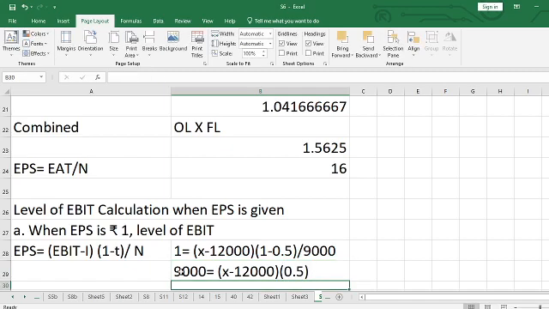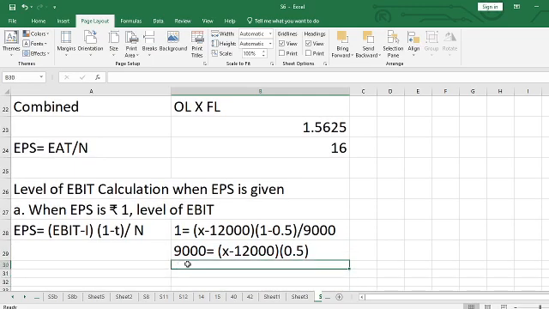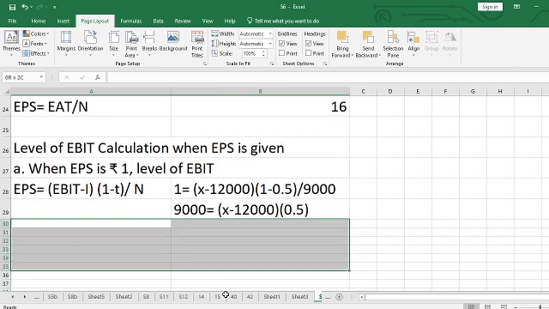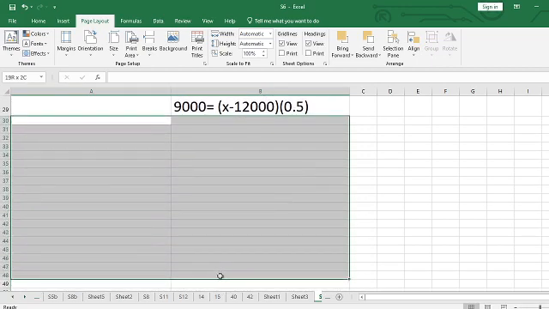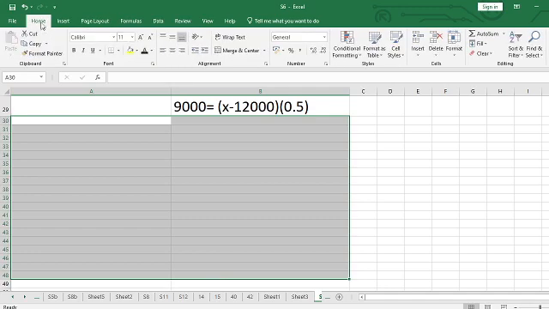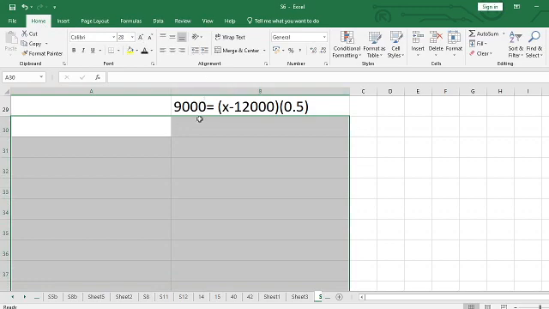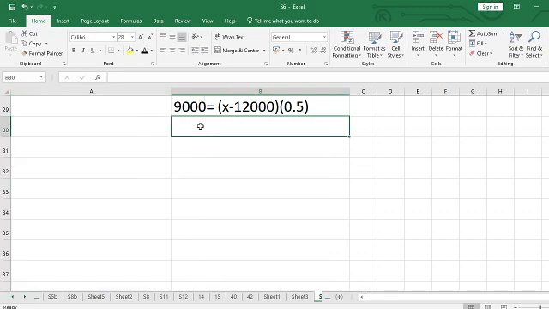Now as per the mathematical calculation, the X value should be the constant value on the right hand side, so the remaining value we take to the other side. So 9,000 divided by 0.5 will give you 18,000, is equal to X minus 12,000.